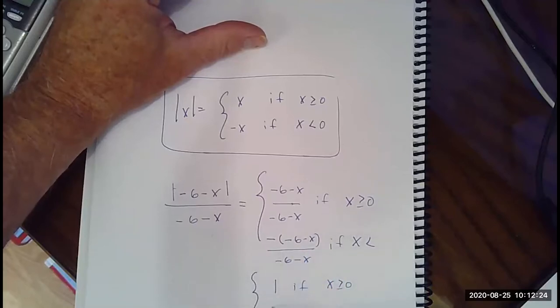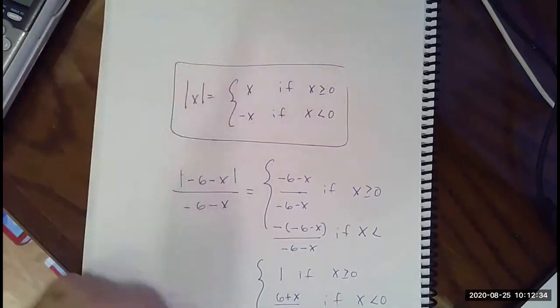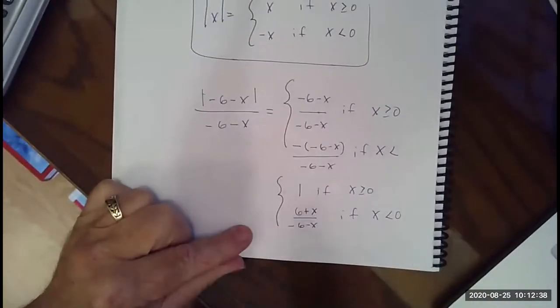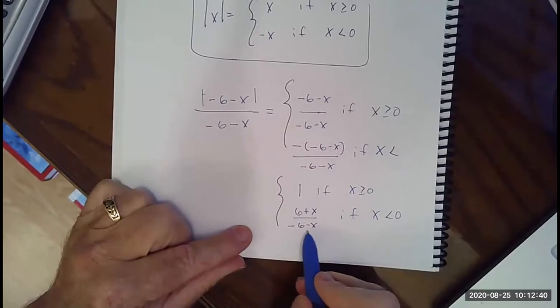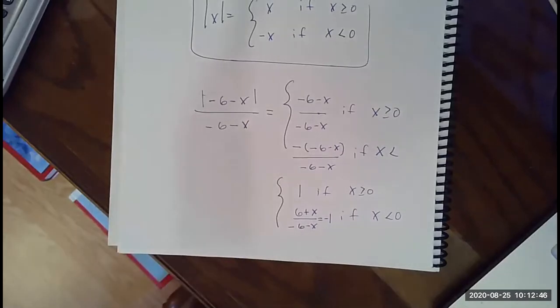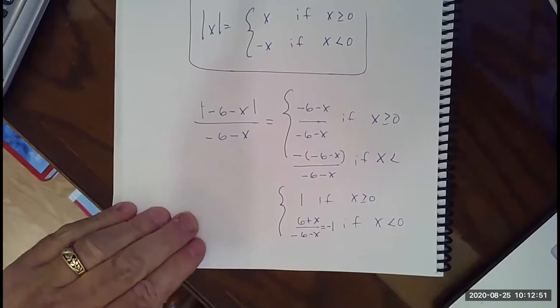And this would be 6 plus x over negative 6 minus x. And that looks like it's negative 1. Right, because you can factor off a negative down here, and then the rest of it cancels. Okay, and so you just basically set it up as two separate equations.